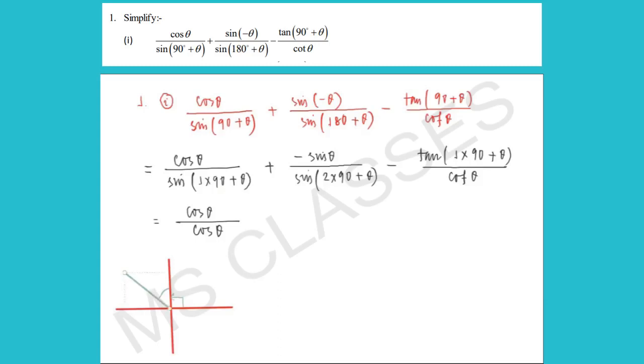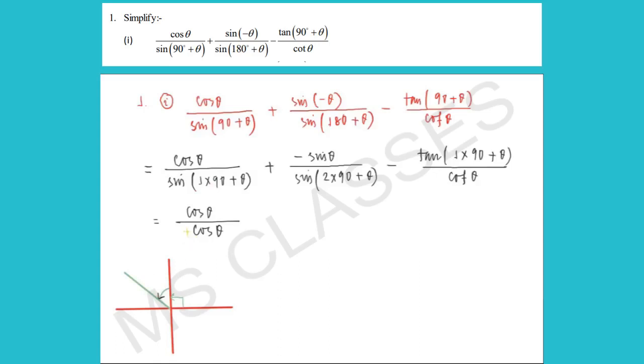Second quadrant. In the second quadrant, sine is negative or positive? It is definitely positive. So we put a plus sign. No need to write any sign, because plus is automatically understood.